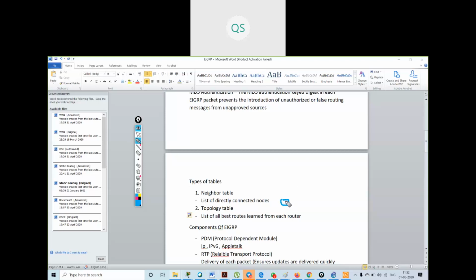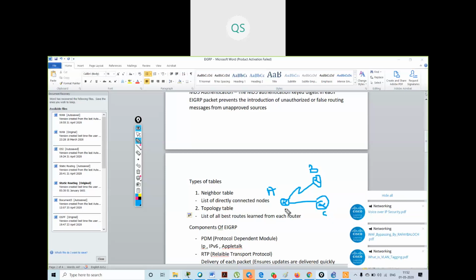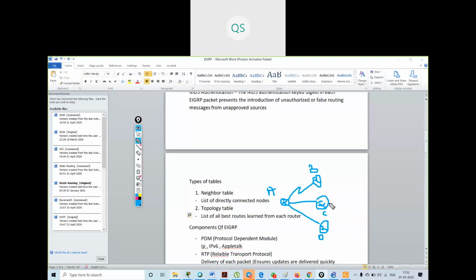So this is my router A. My router A is connected to router B, router C, and router D. Now I'm having suppose one network over here, 50 dot network, and A wants to reach the 50 dot network.